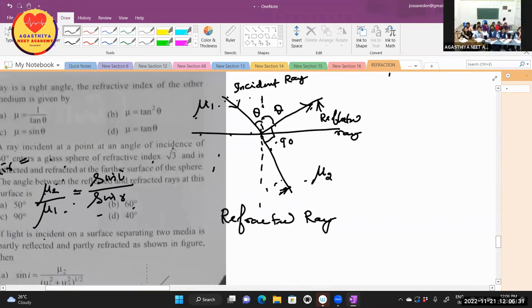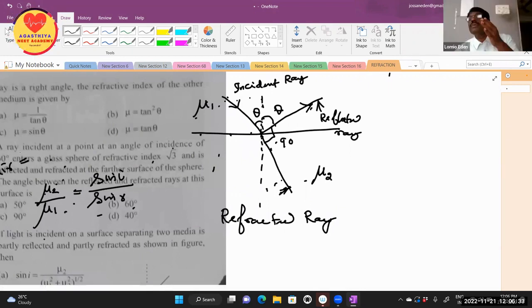The angle of incidence should be equal to the angle of reflection. That is the law of reflection. What about the angle of refraction? We don't know. Here, let us substitute sin i as sin theta.